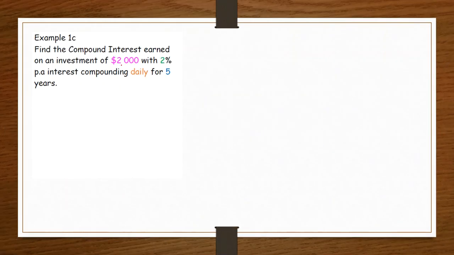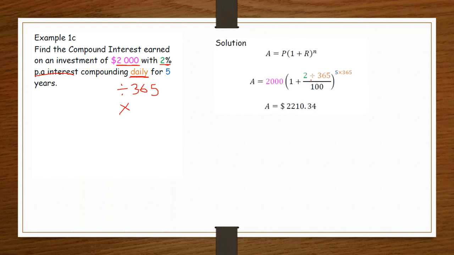One more example, same concepts. Find the compound interest earned on an investment of $2,000, 2% per annum interest, this time compounding daily. So we're going to divide by 365 and times by that number as well. So the principal is 2,000.